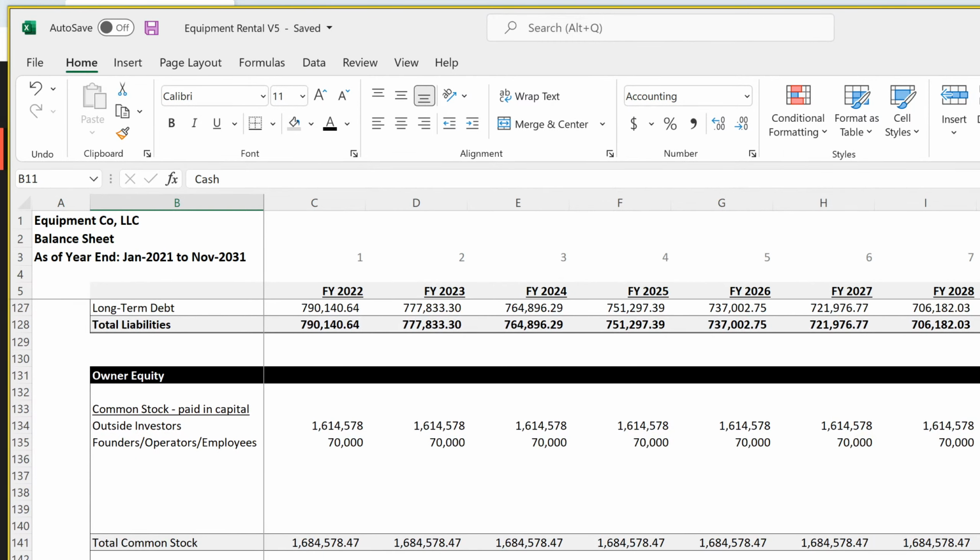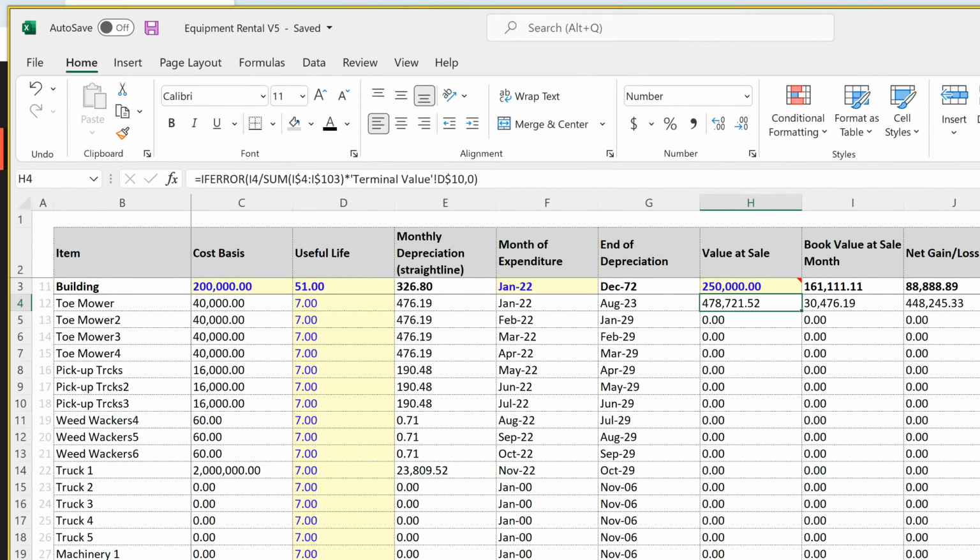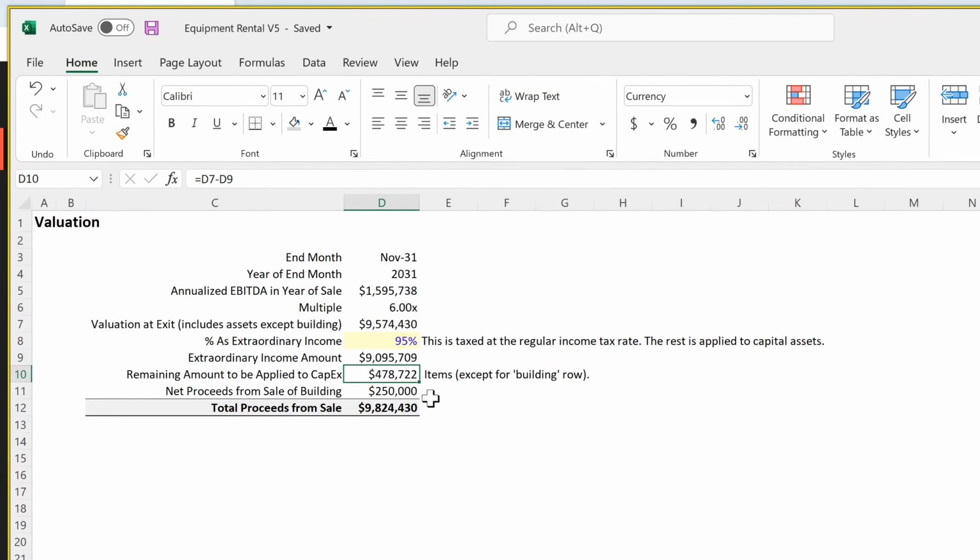Where does the other side of that transaction need to go? This 478, what is it? Essentially, it's a part of the terminal value. So we want to do 9.5 million, but 9 million in essentially taxable income, and then this is for the applied fixed assets.